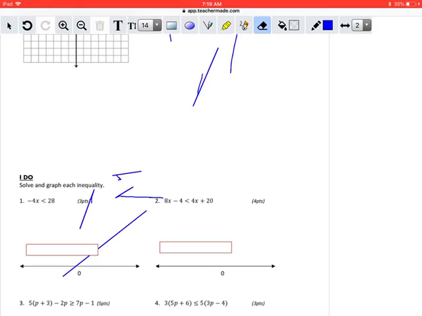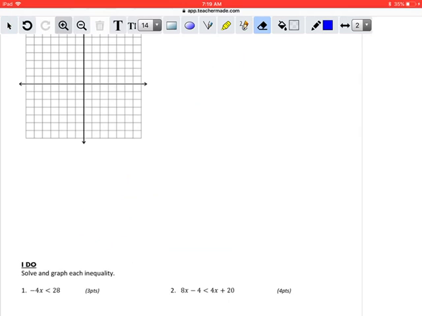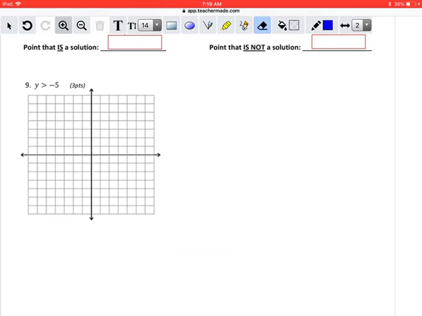So let me erase all those marks. It's a little harder for me to do this on the iPad, but that's okay. All right, so let's zoom in just a little bit.